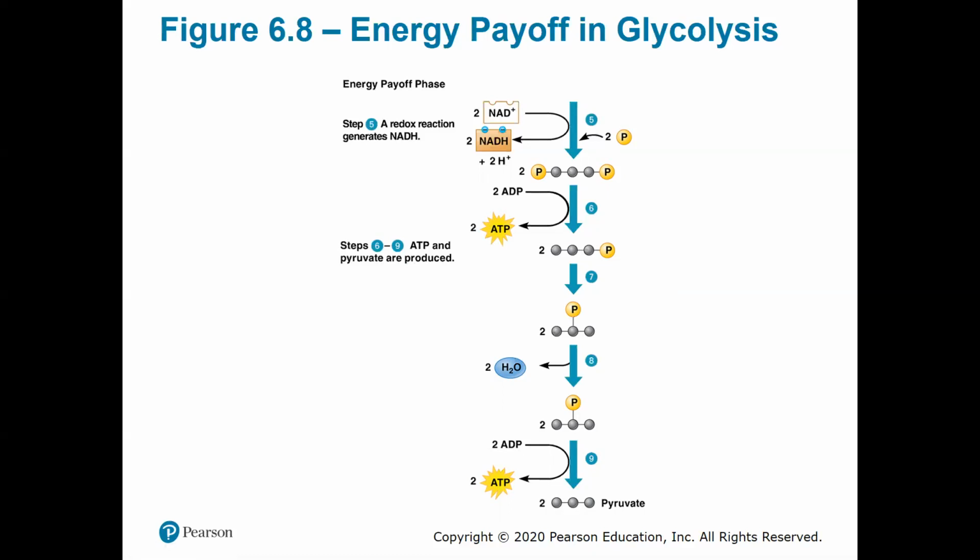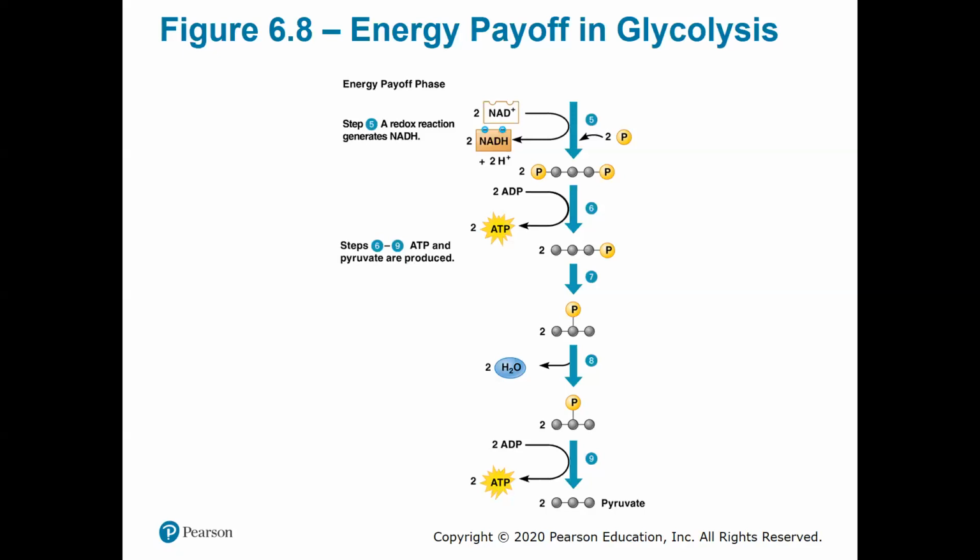And so, like I said, I want you guys to know the overall goal, the overall point of glycolysis is that you break down glucose into 2 molecules of pyruvate, and you do create some ATP and NADH, which can be used later.